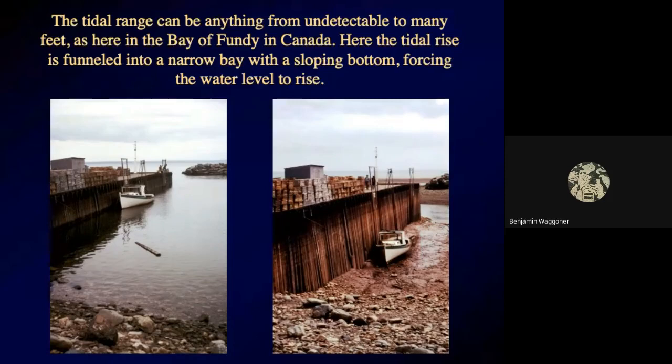So when a bulge of water goes into that bay, the sides of the bay get narrower and narrower. They get closer together. The bay gets more and more narrow. The slope rises very quickly, and there's no place for the water to go but up.